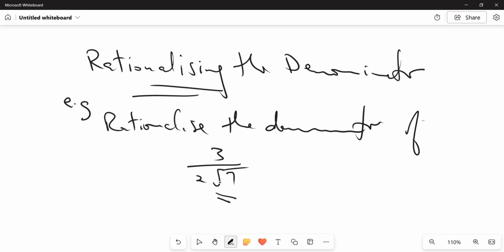If they were to program a calculator to do something like this, it is better if this square root is in the numerator, right? I've heard from programmers that the code is simpler to write if this is in the numerator. So what you do, you want to rationalize.